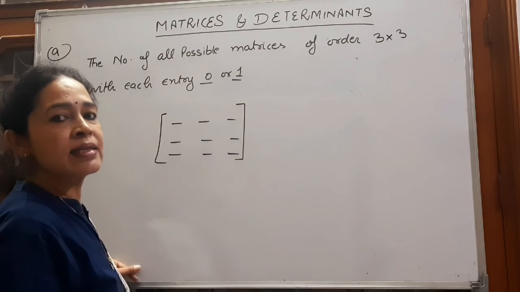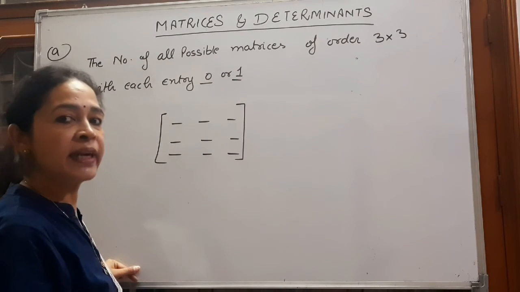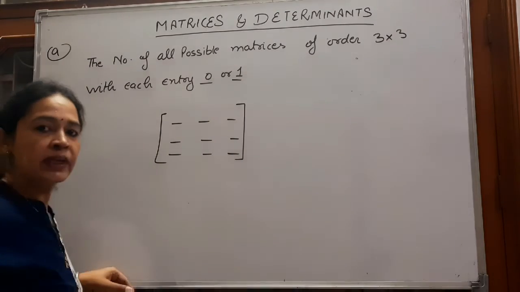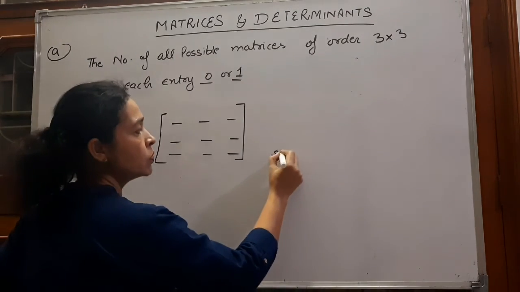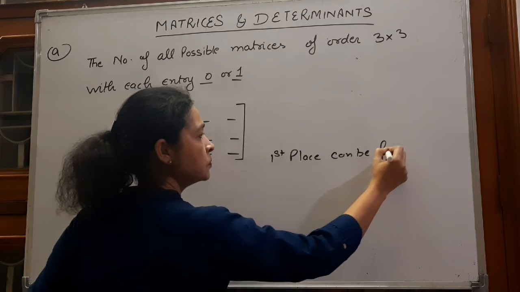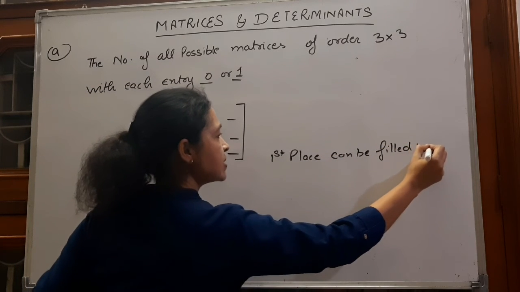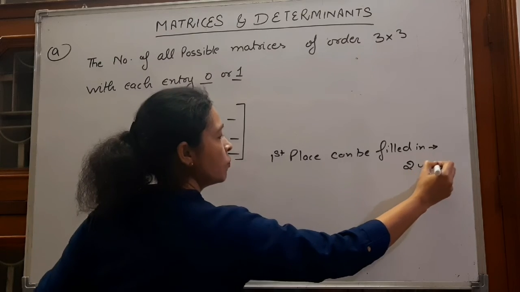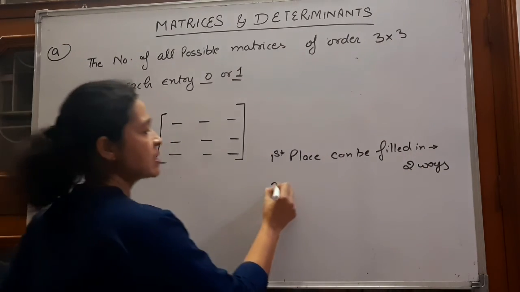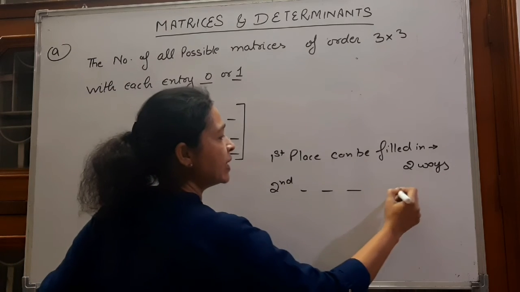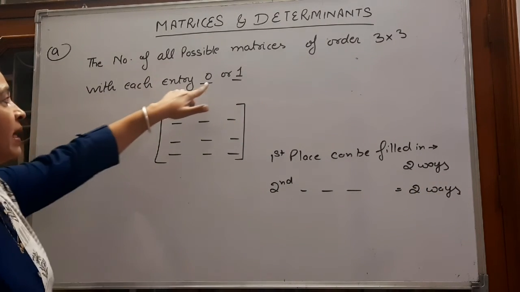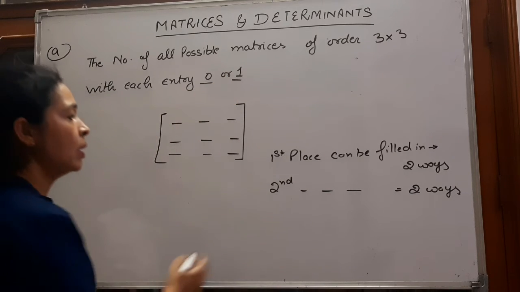But you must have studied in class 11 the fundamental principle of counting. We have to fill 9 places. First place can be filled in how many ways? 2 ways. We can either write 0 or we can write 1. Similarly, second place can be filled in how many ways? 2 ways. We have only 2 elements, 0 or 1.